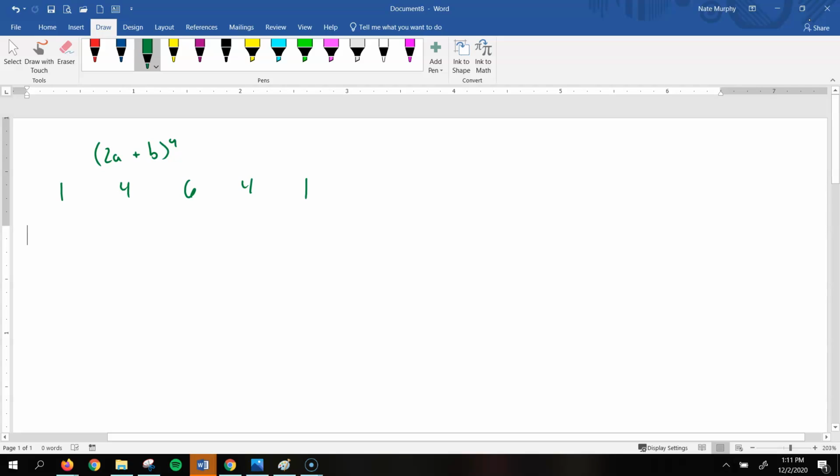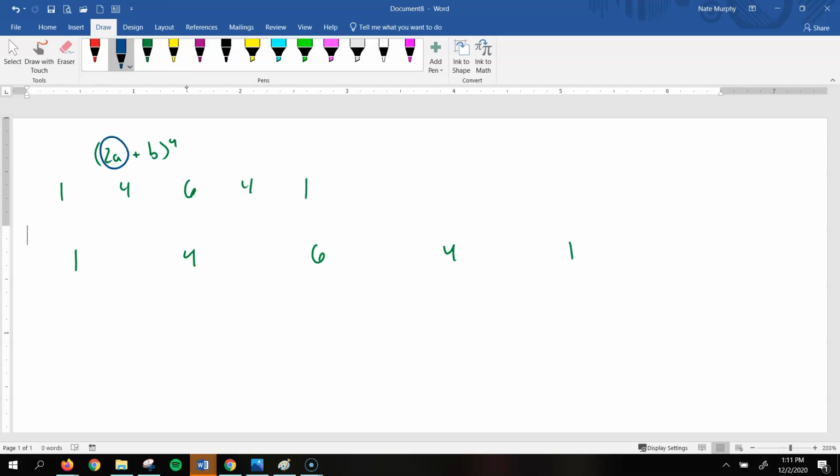All right, I'm going to put more space now between these numbers. Starting with the 2a, we'd have 2a to the 4th power. And I'm going to do it this way. This is another way that we could do it, just to make sure that we get our answer right.